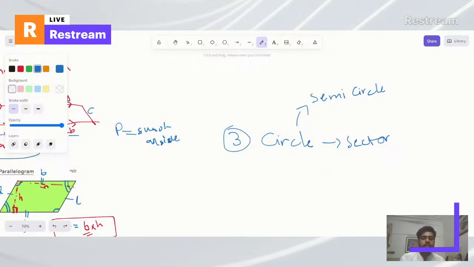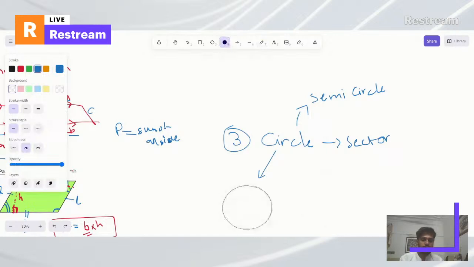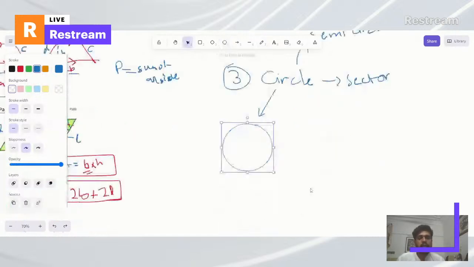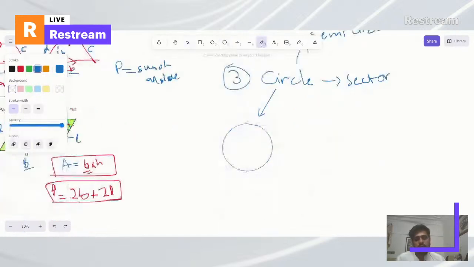All right, so let's talk about a circle. A circle is something like this, right? Now a circle has a center, right? Now any length which goes straight from the center and touches the circumference, right? What's the circumference? The circumference is the boundary of a circle, right?